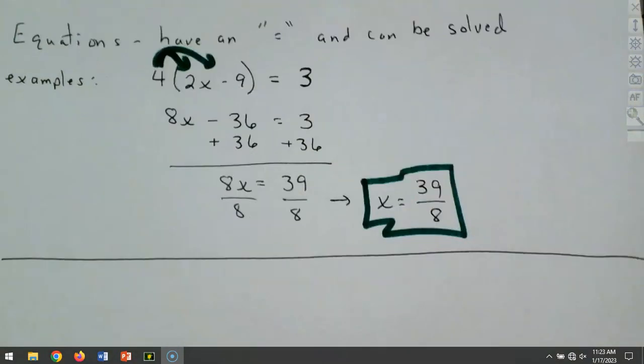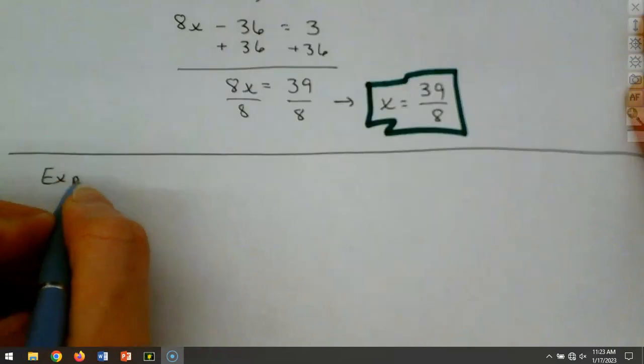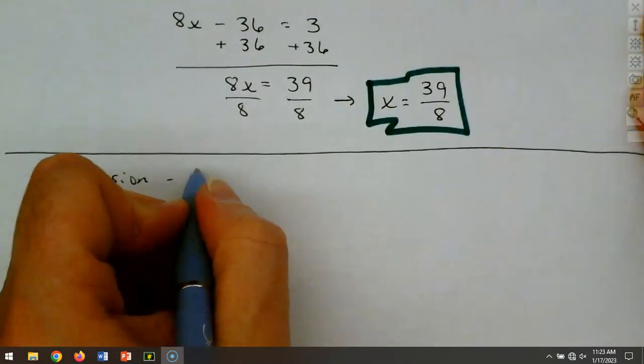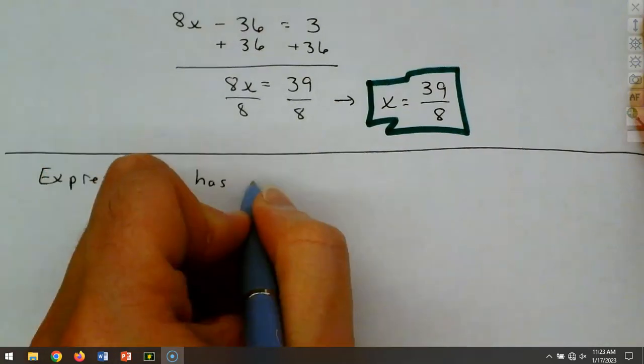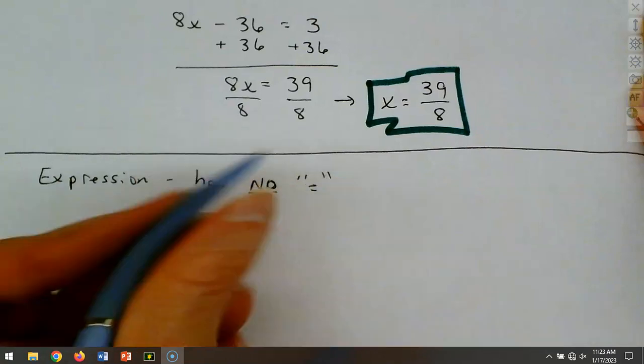Now, what's an expression? Well, an expression has no equal sign, and it can't be solved.